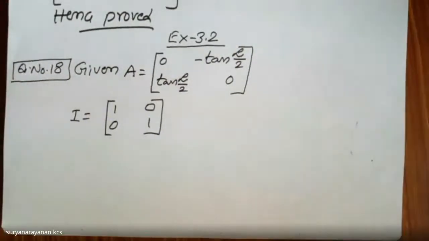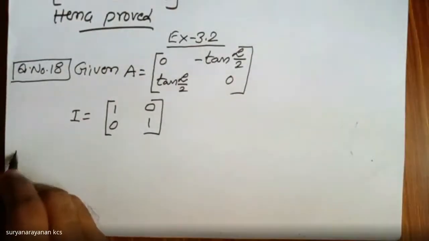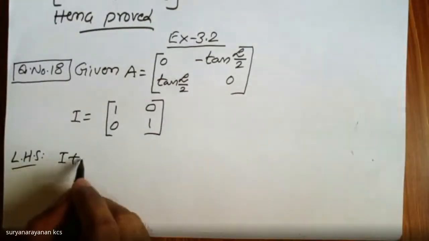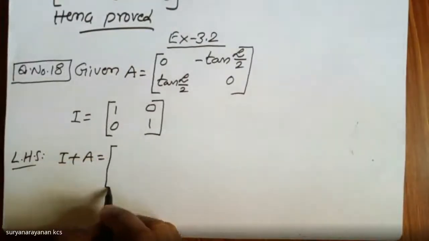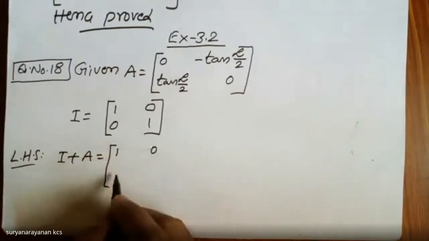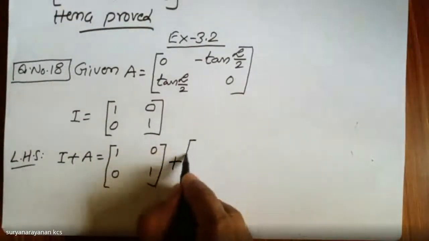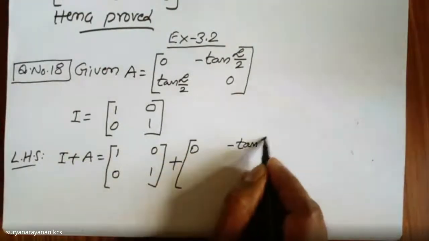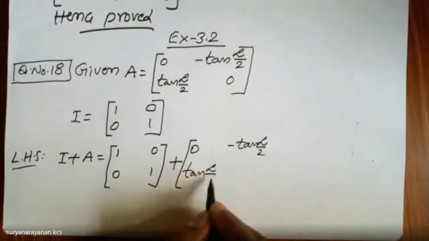Okay, my children. Now, what is LHS? I plus A. Let us find the LHS value separately. LHS, I plus A, that is 1 0 0 1 plus 0, minus tan alpha by 2, tan alpha by 2, 0.